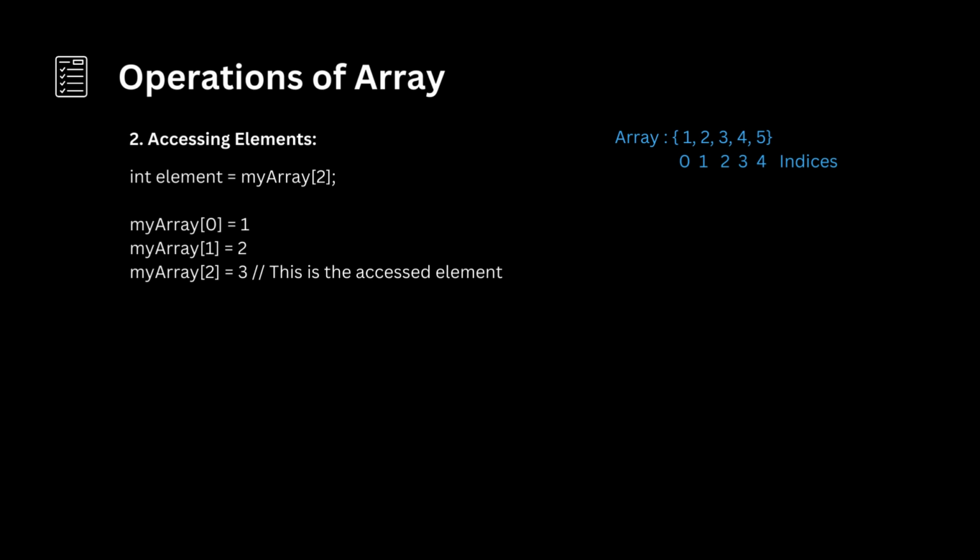This is the accessed element. myArray[3] is equal to 4 and myArray[4] is equal to 5. After this line of the code, the variable element will have the value of 3. In summary, this line of code retrieves the value of the third element in the array myArray at index 2 and assigns it to the variable element.